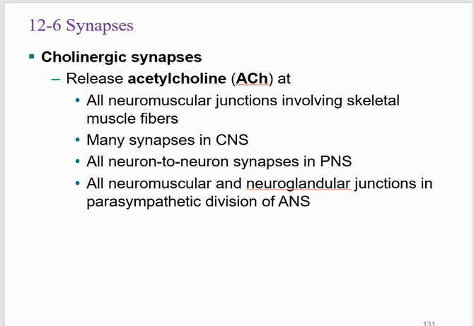Where is that located? You need to know the location of these synapses that are using acetylcholine. All neuron to neuron: when you have a neuron and another neuron, automatically you're using acetylcholine. Many synapses in the CNS, all neuromuscular junctions, neuroglandular, and parasympathetic. We didn't talk about the parasympathetic yet, but you will see it coming when we talk about the autonomic nervous system.